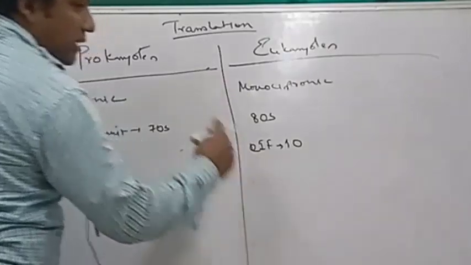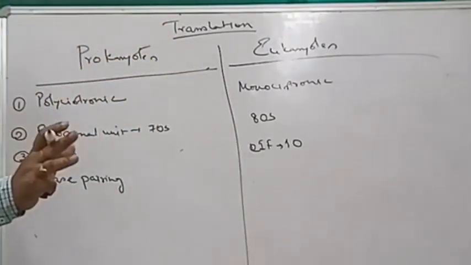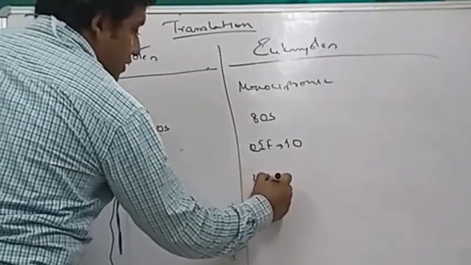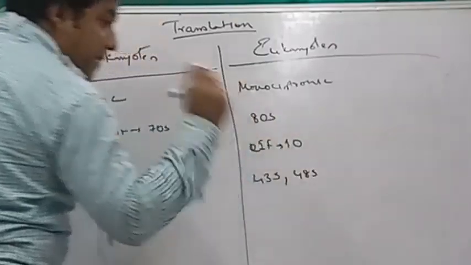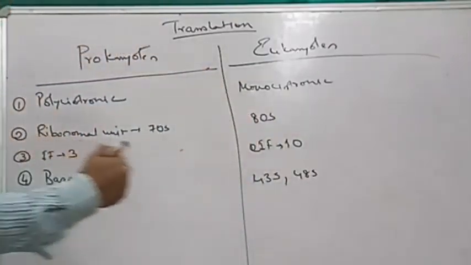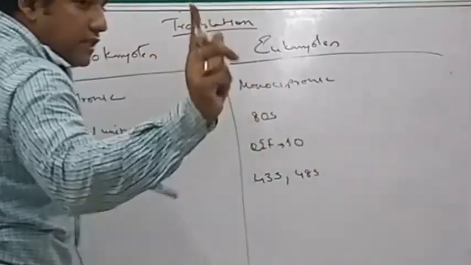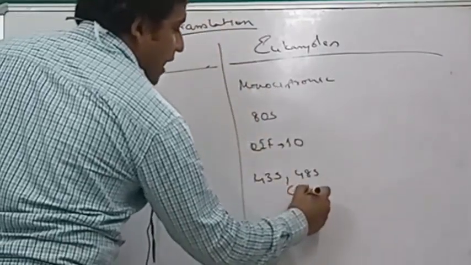Here it is going to be an entirely different process. Formation of 43S initiation complex, as I have mentioned, and then 48S. Basically, if I have to point out a single important factor, it is going to be the cap structure.